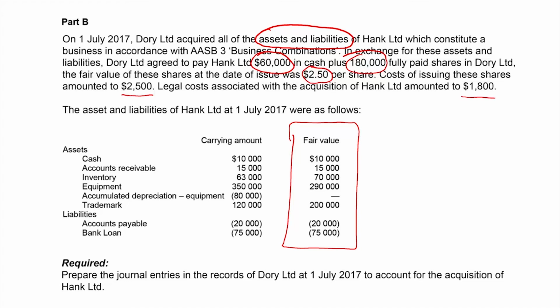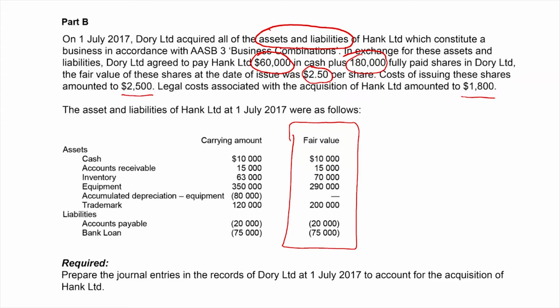And that's all the information that you need when it comes to the acquisition analysis. So we want to add up all the assets and then minus all the liabilities, and then the difference, we compare that with the purchase consideration. As a result, we are able to work out whether for this particular business combination, do we have goodwill or do we have bargain purchase gain.